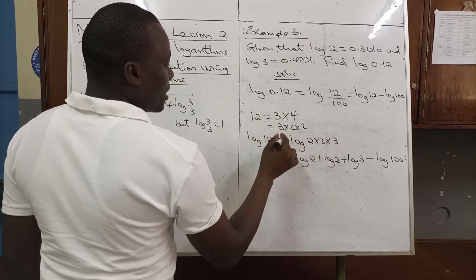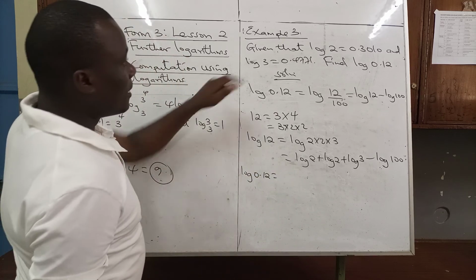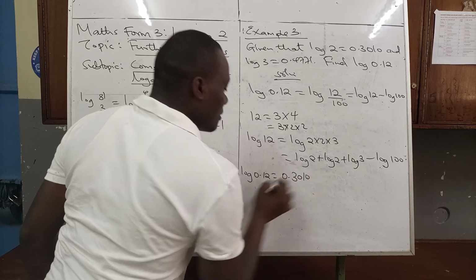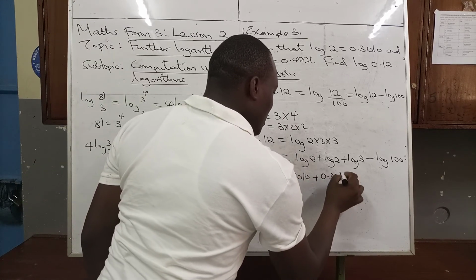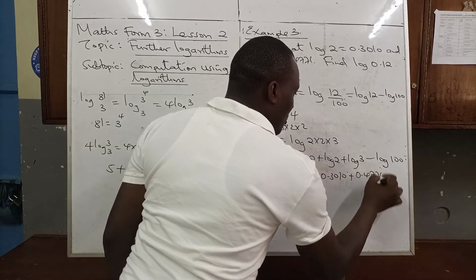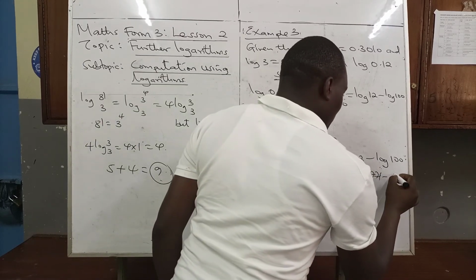Log 0.12 will be: log 2 is 0.3010, then plus 0.3010, then plus log 3, which is given as 0.4771, then minus log 100, which is 2.